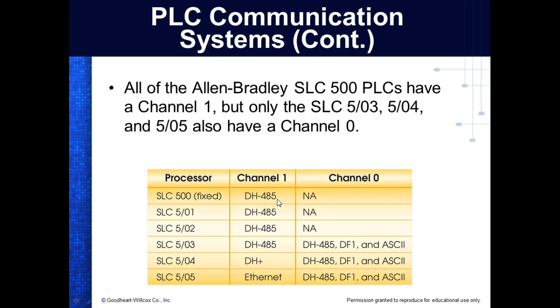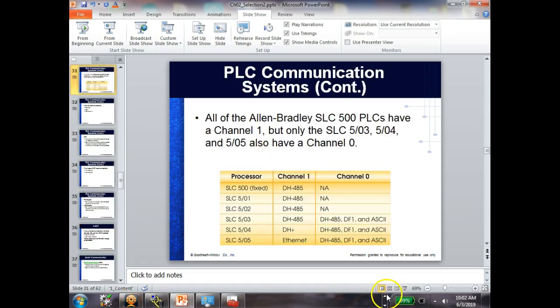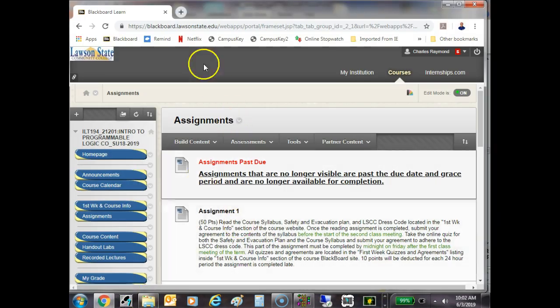So DH 485. That's a standard for the way we communicate. So you could go up on the internet and look up DH 485. The book doesn't give you much information about these, but these are just communication standards.